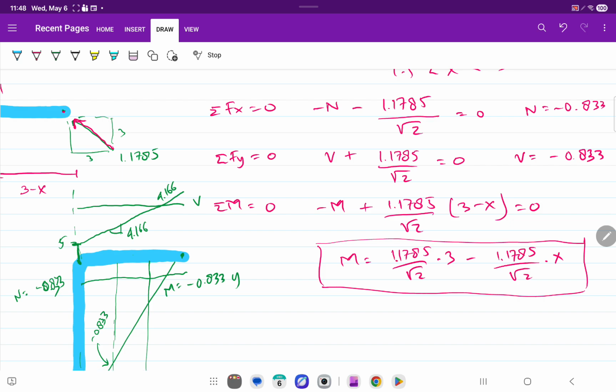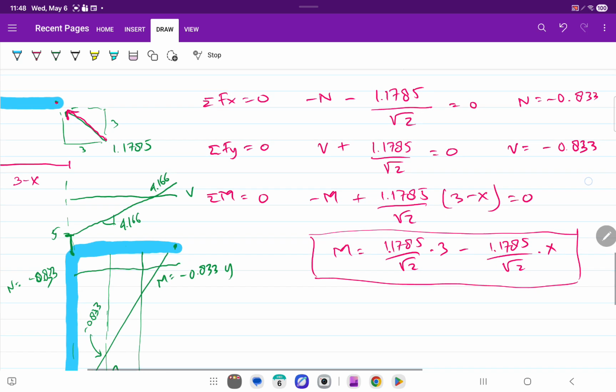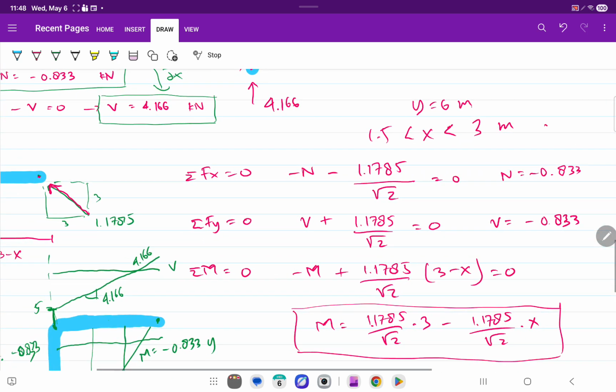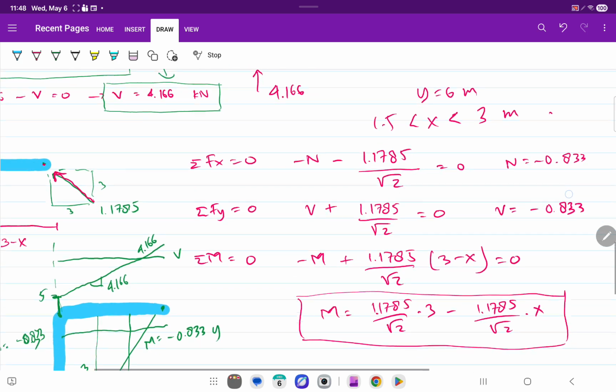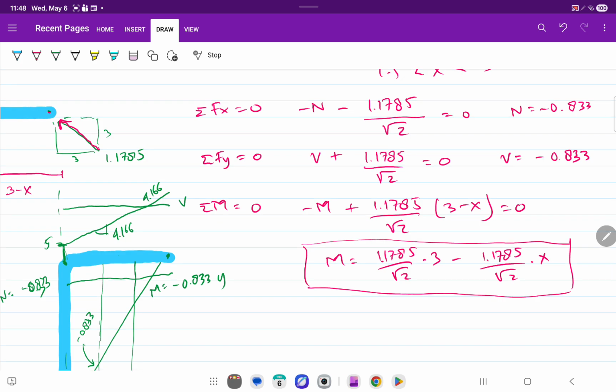V will be different. Where is your V? V will change. So here V will be negative, so this is wrong. So from here is 4.166, and then V will jump to 0.833.